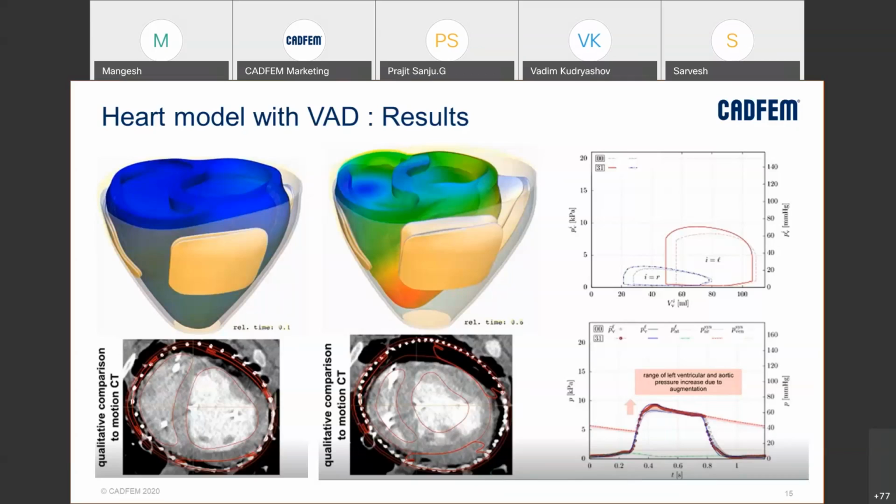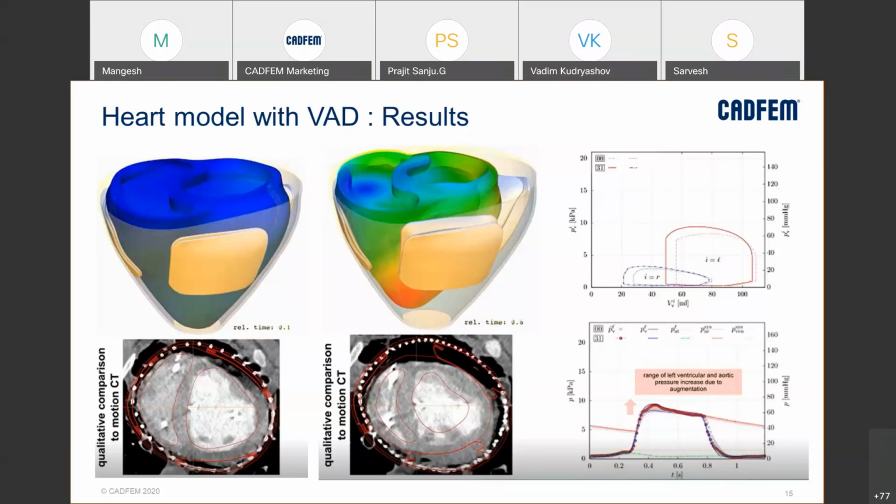And with this data, again with the simulation, we can extract such pressure versus volume data, and then depending on this data, one can decide how much actuation of this device is needed, and where is the appropriate position of this device, so that the normal function of the heart can be extracted as an output, right?